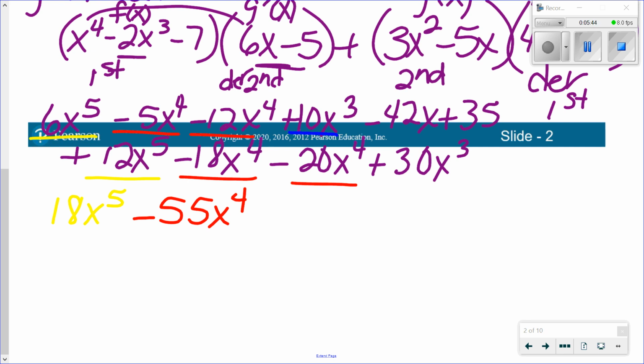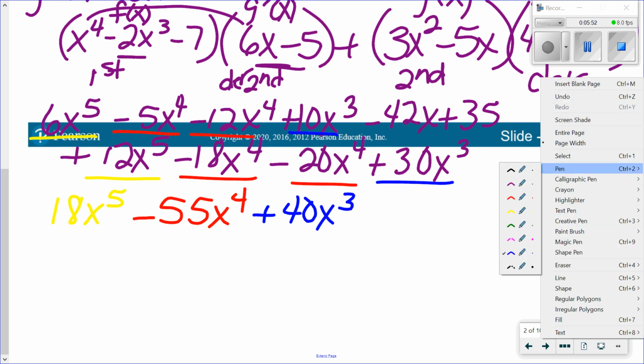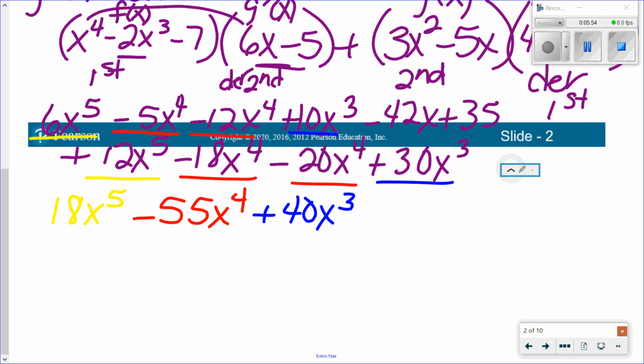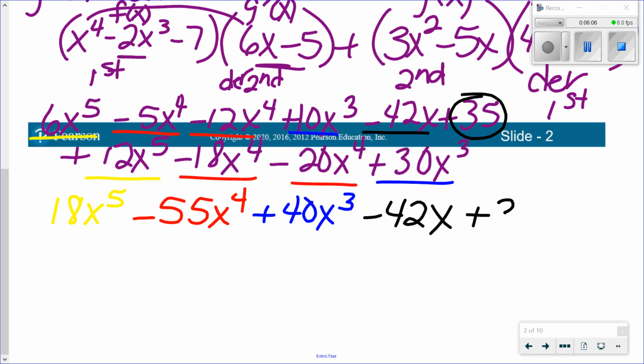I have one here and one here, so it looks like plus 40x cubed. And then I have minus 42x. And then this 35 is just hanging out by itself, plus 35. So that should be our final answer.